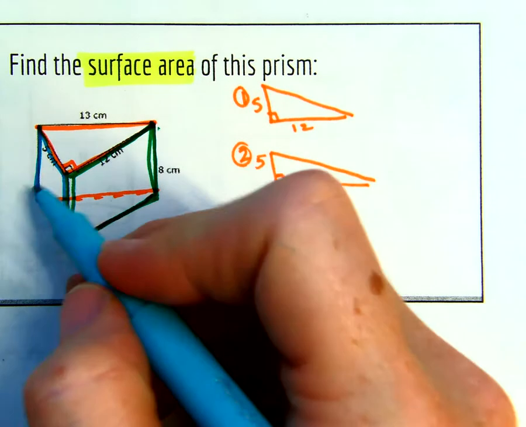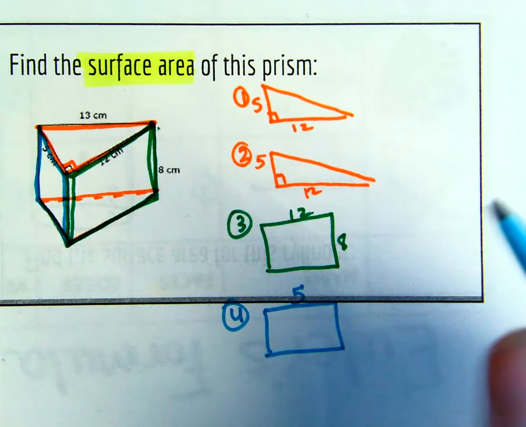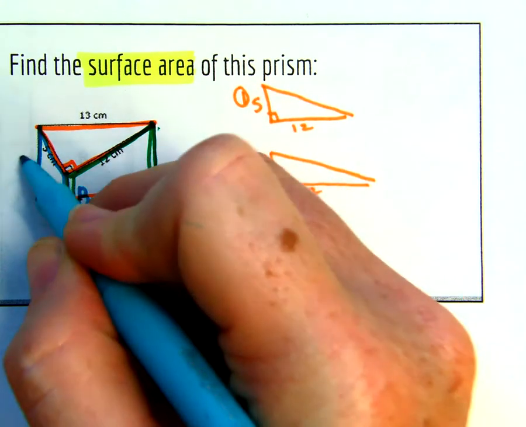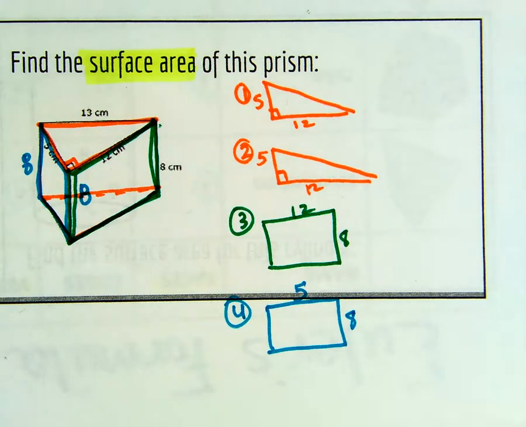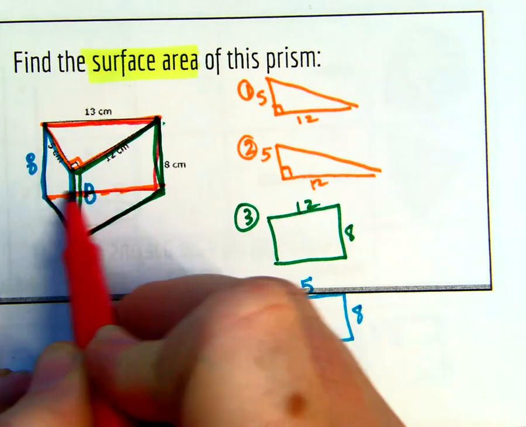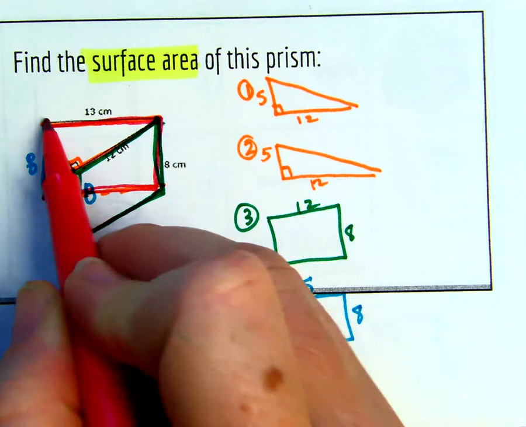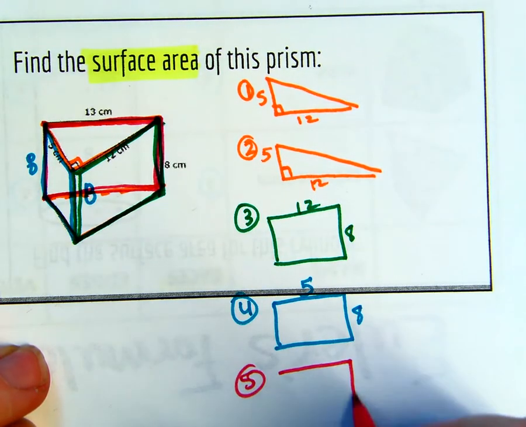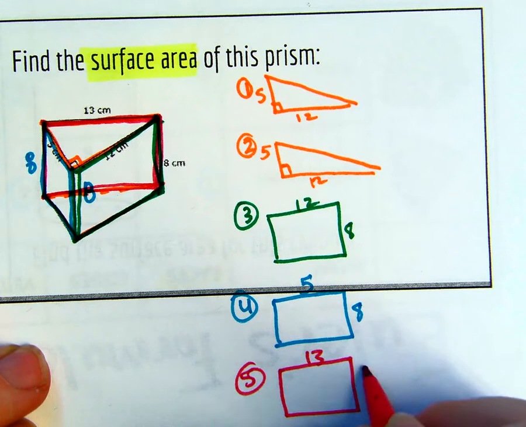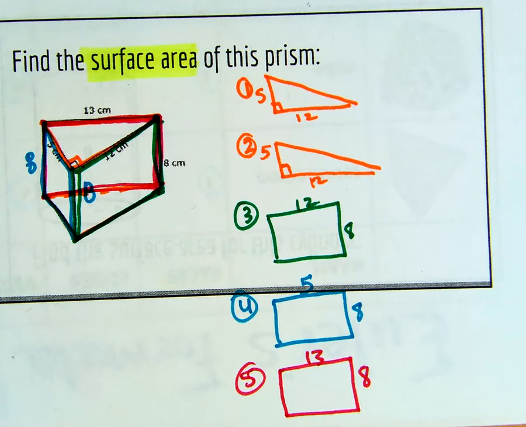Another rectangle that is 5 this way. And of course it's going to be 8 tall all the way across the figure. So 5 by 8. And then there is one in the back that's kind of hard to see. It's this guy right here. And it is 13 by 8. Notice that they're all 8 tall because the figure is 8 tall.